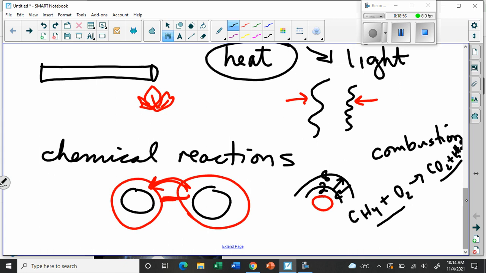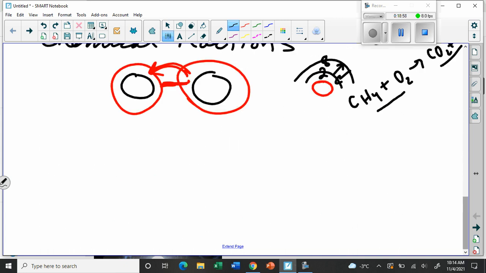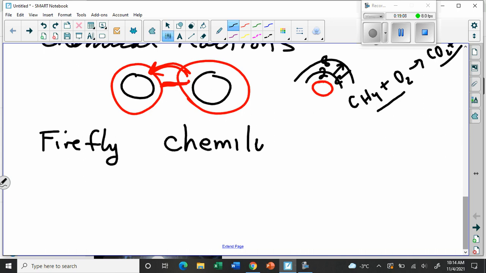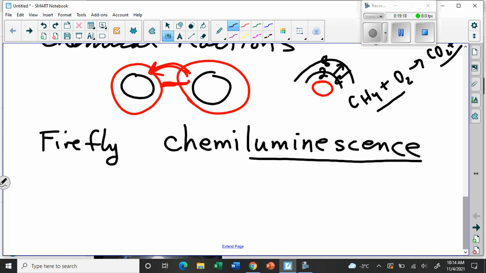Lots of animals use chemical reactions to produce light, like a firefly, for instance. That's what it does, right? This has a fancy name. It's called chemiluminescence. It's a great big word. Chemiluminescence just means light from a chemical reaction.